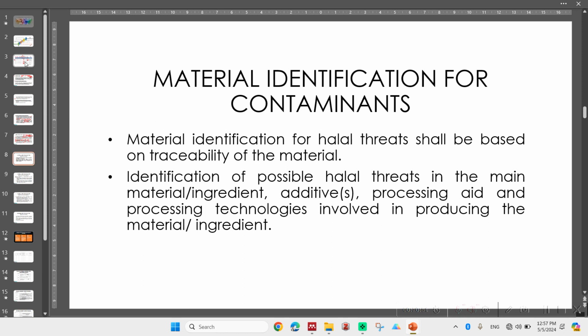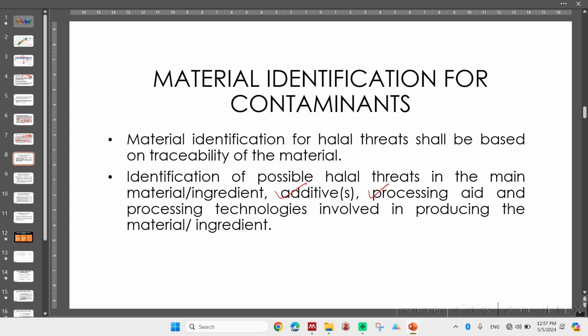So when we talk about this list of ingredients, it does not only cover the ingredient itself, but you have to state the potential of contaminant or halal threat in other sections such as additives being used and processing aids.